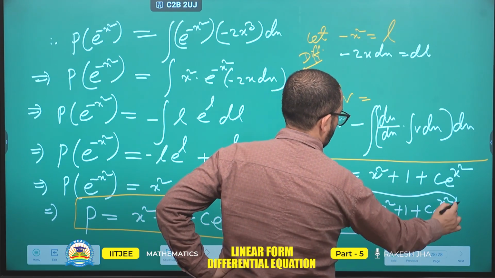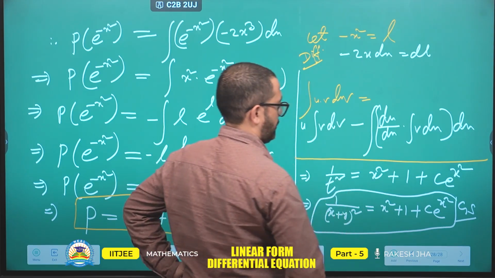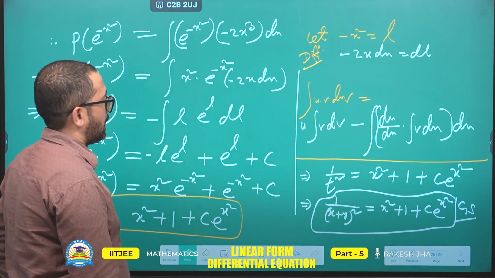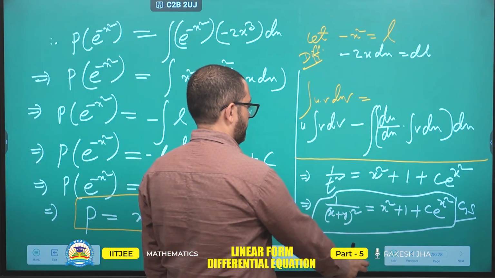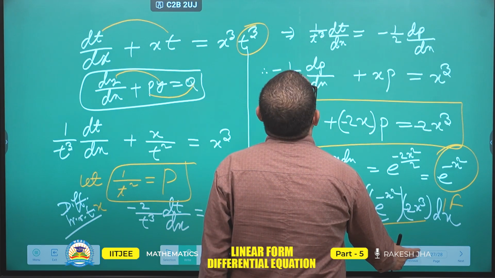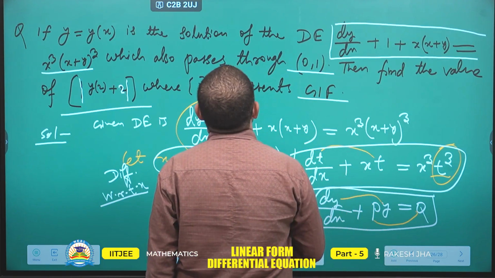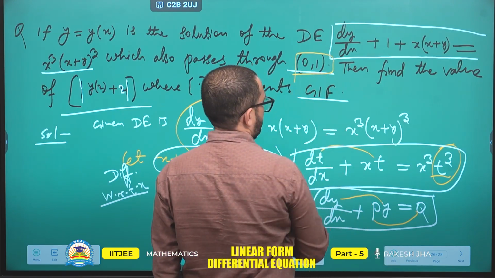This is nothing but the general solution of the given differential equation. Now it is passing through a point. That point is given here. So what is the point? The point is 0, 1. So x is 0, y is 1.